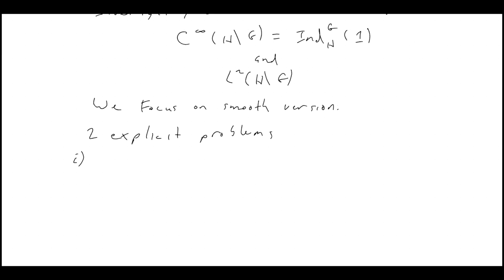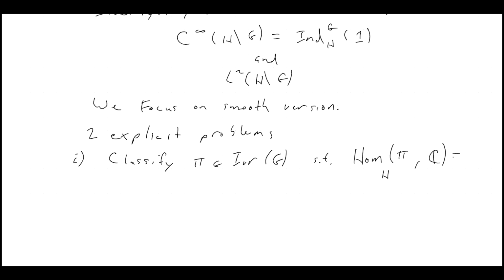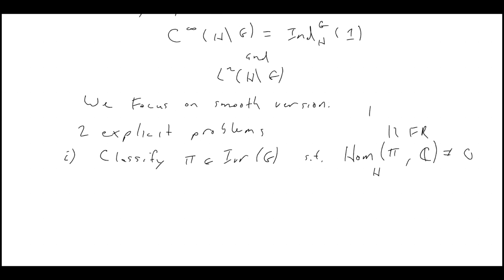For one, we might like to classify those smooth irreducible representations of G that possess an H-invariant linear functional. We know by Frobenius reciprocity that this is equivalent to finding the sub-representations of an induced representation.